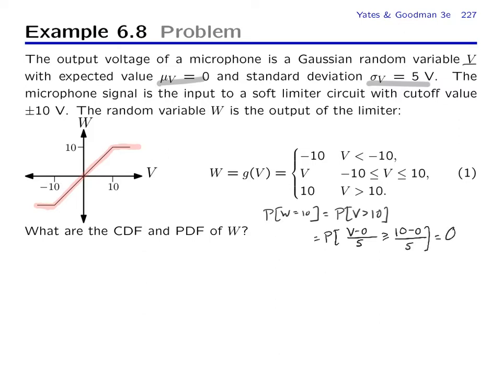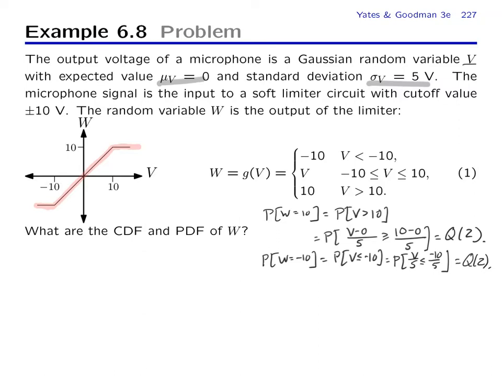And so this is equal to Q of 2. Similarly, the probability W is equal to minus 10 is the probability V is less than or equal to minus 10. This is equal to the probability V over 5 is less than or equal to minus 10 over 5. And in fact, this is Phi of minus 2, but Phi of minus 2 is also equal to Q of 2.